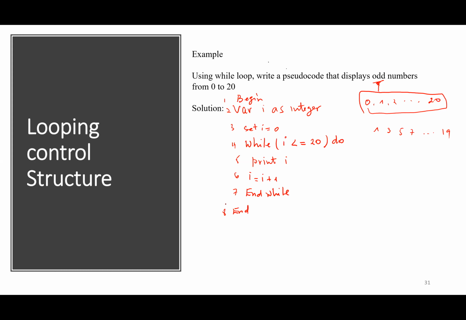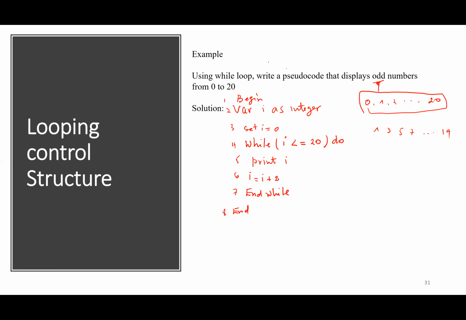I think it's on line 6 and it will be I equals I plus 2. Thank you very much, Divine. So I only say I equals I plus 2. I only change there.